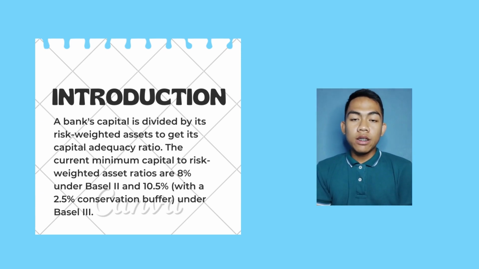A bank's capital is divided by its risk-weighted assets to get its capital adequacy ratio. The current minimum capital to risk-weighted asset ratios are 8% under Basel II and 10.5% with a 2.5% conservation buffer under Basel III.